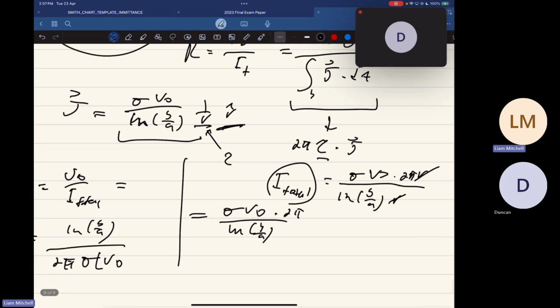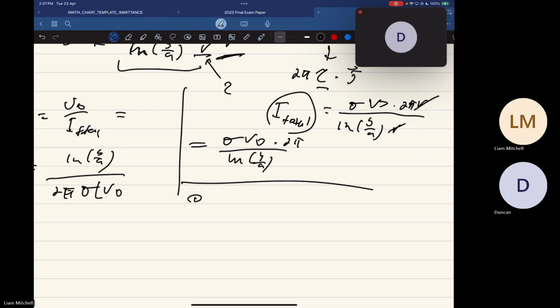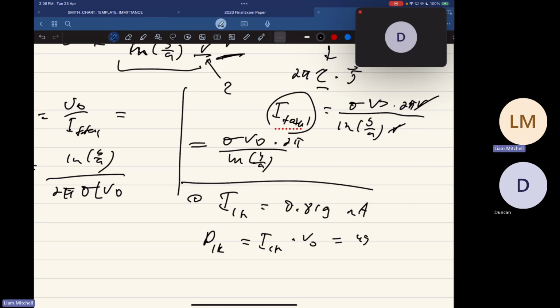You sub in values of V naught, sigma, and R, and ln b on a, and you get leakage current I_LK to be 0.8819 milliamps from the formula, and power loss is just I_LK times V naught. It is just 49 point something milliwatts.